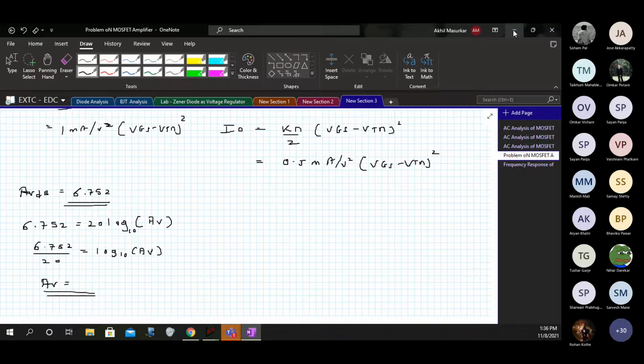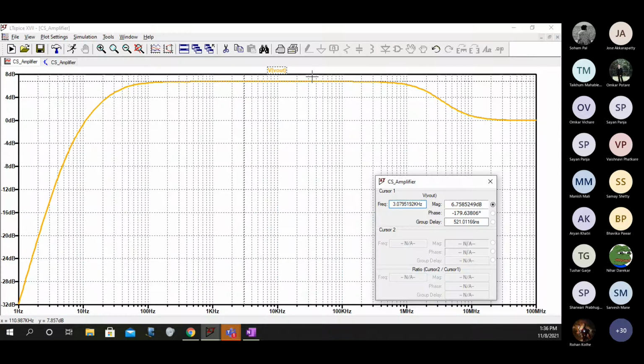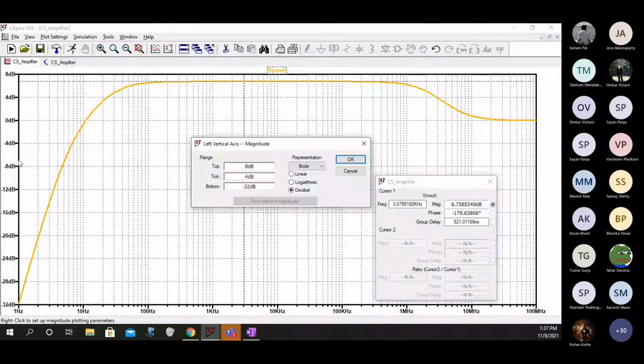Can somebody quickly tell me what is the value of AV? So if you don't want to recalculate that, I'll make this scale linear.